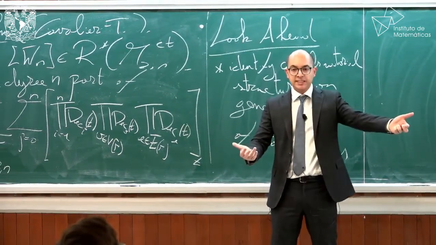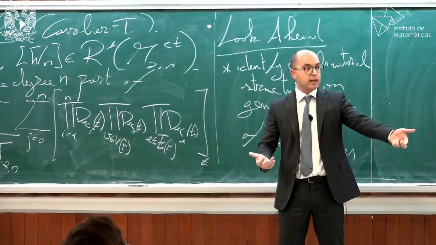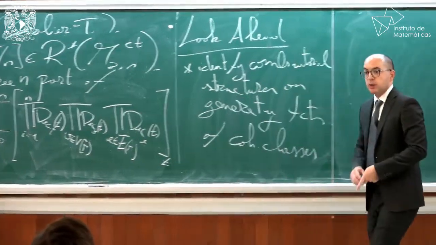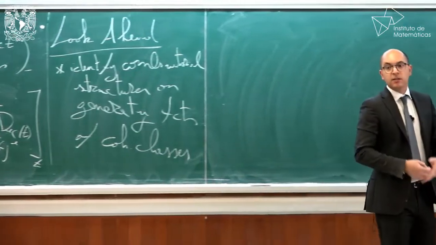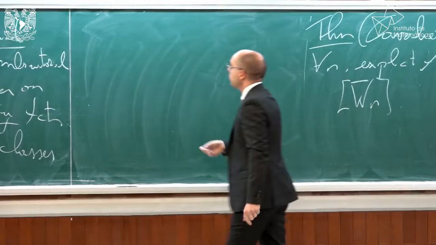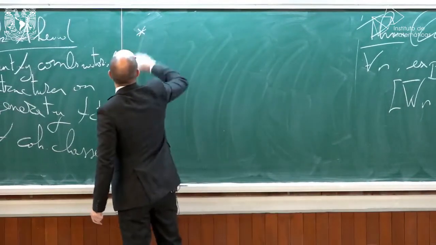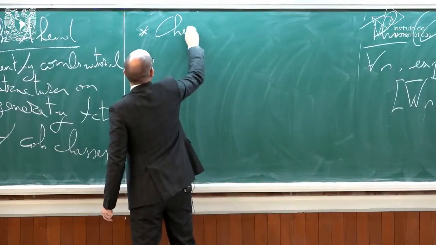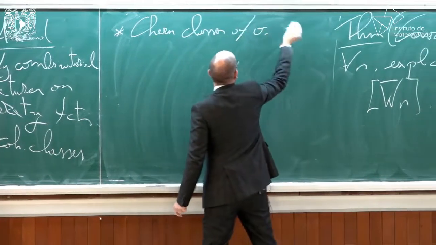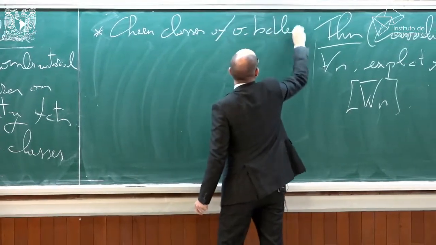But the other source of examples is Chern classes of vector bundles on moduli spaces of curves. So why don't we look at constructing vector bundles on moduli spaces of curves and study their geometric classes? One of the famous examples is the class of, so here I should write down Chern classes, the study of Chern classes of vector bundles.